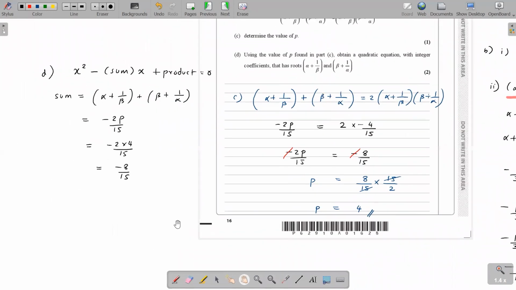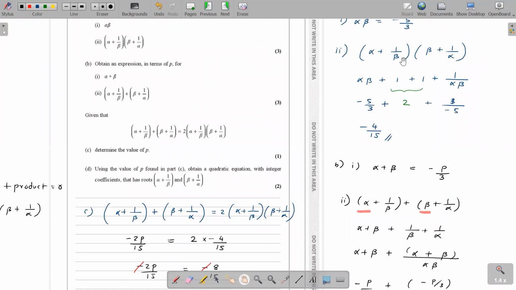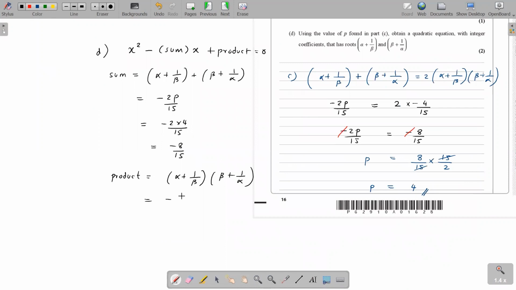Okay, so then I got the sum of roots. I also get the product of roots. What's the product of roots? Alpha plus 1 over beta multiplied with beta plus 1 over alpha. Don't we have this answer already? Answer for part A, Roman number 2, minus 4 over 15. Okay, so now it's time to substitute and get the quadratic equation. So x square minus sum of roots, which is minus 8 over 15, times x. Substitute the values into this equation, okay?